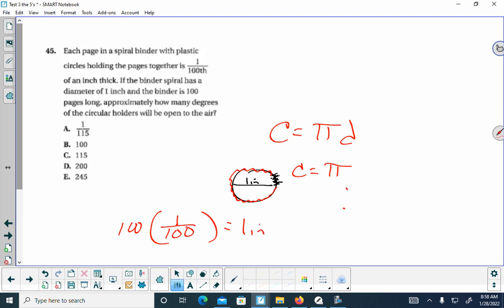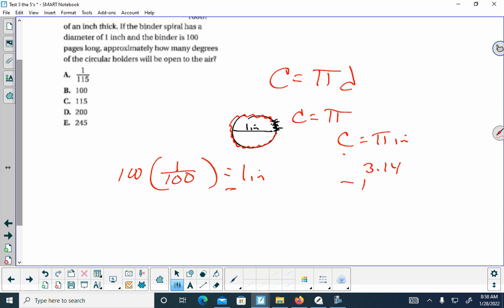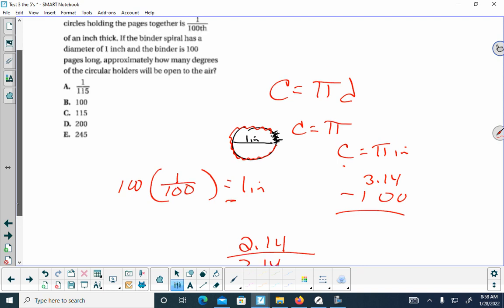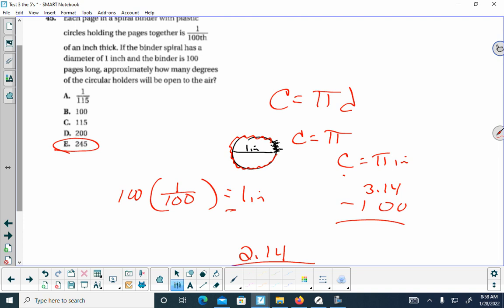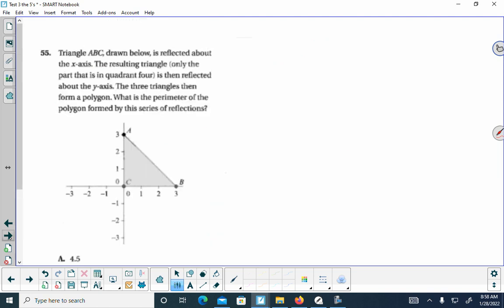So this circumference is pi inches, which is 3.14, and I'm using 1 inch, so I take 1 inch away. So I'm going to be left with 2.14 inches out of 3.14, so about 2/3. That gives me a proportion. Multiply that by 360 degrees in one circle, and I end up with 245 degrees.